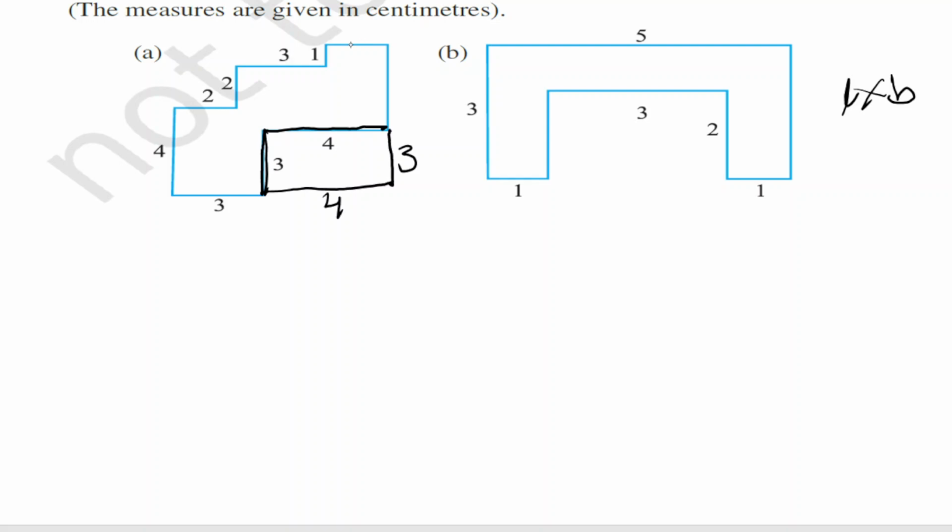And coming to here, this length is given as 2 centimeters, so from here to here this length is also 2 centimeters, and here this length is given as 1 centimeter, so here it is 1 centimeter.